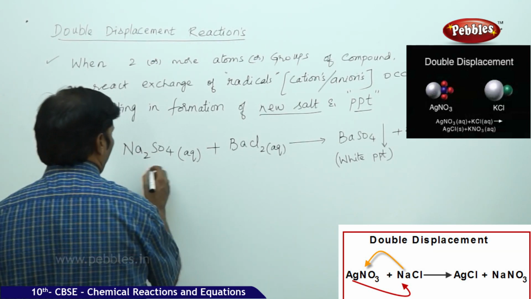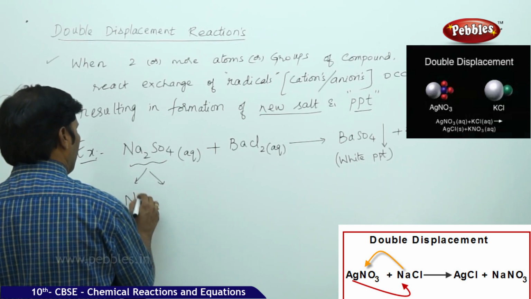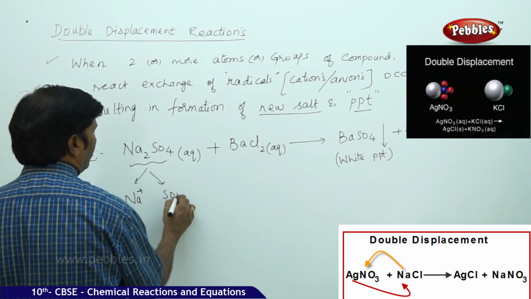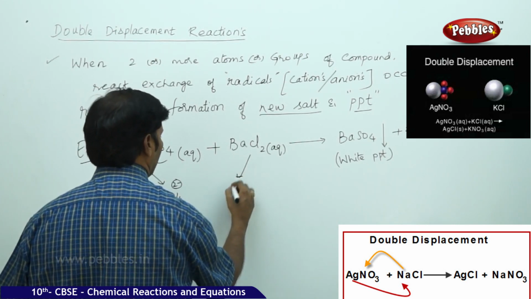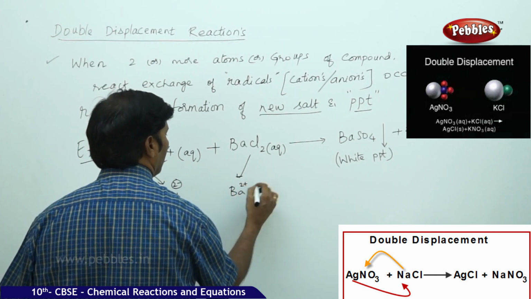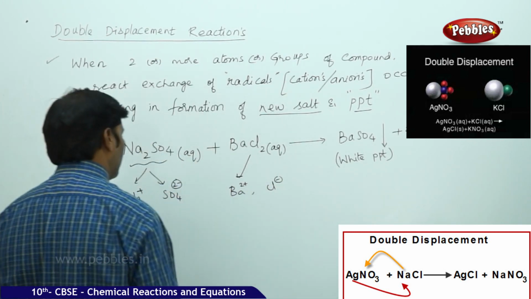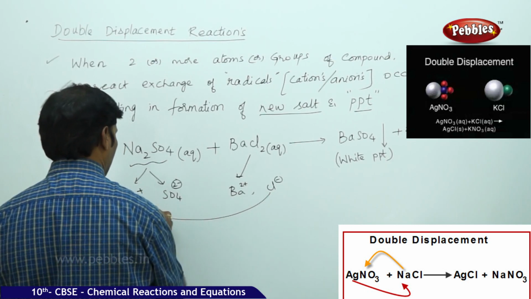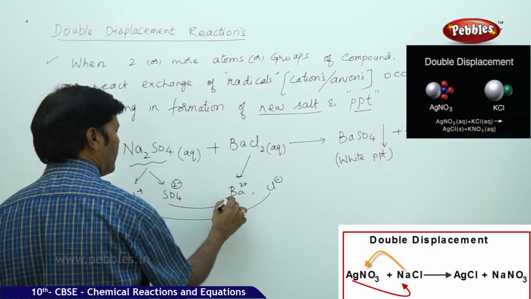Sodium sulphate contains Na+ and SO4 2-, and barium chloride contains one barium ion and chloride ions. So there is an exchange of radicals taking place.